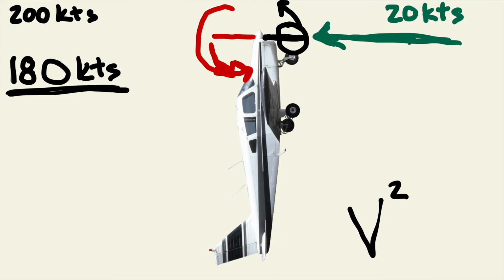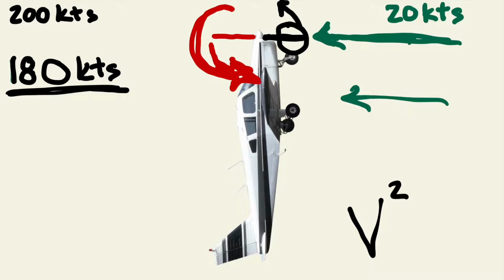In relation to the air that is around that descending blade, it is actually going to be moving at 220 knots, because this air that's moving in this direction is moving at 20 knots, and the propeller blade, we're still moving at 200 knots this way.